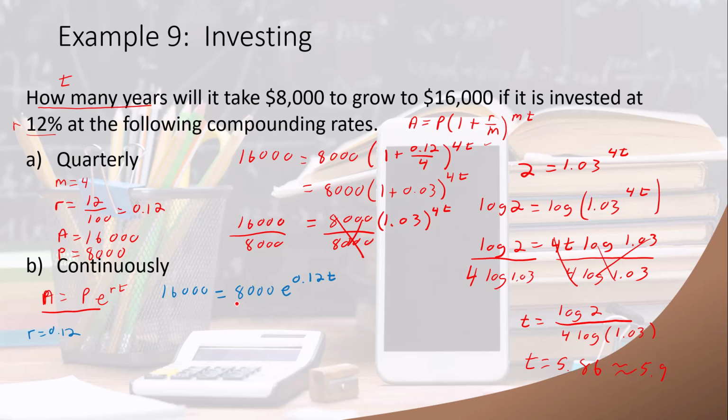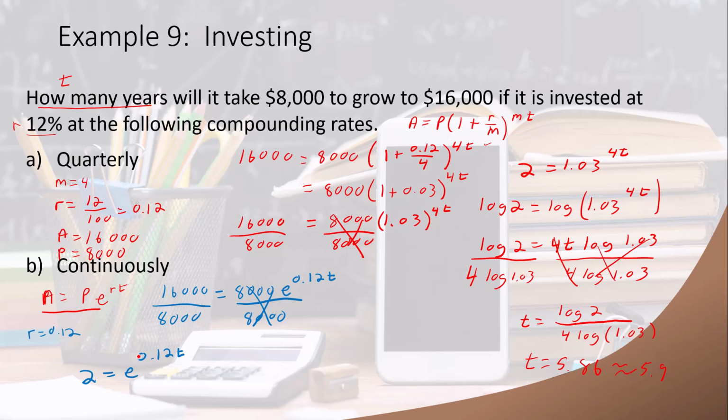First thing we can do is divide both sides by 8,000. These cancel, and this is equal to 2. So 2 is equal to e to the 0.12t. Now in this particular case, since we have a term with Euler's number in it, we want to take the natural log of both sides.